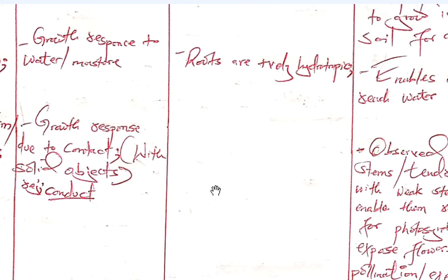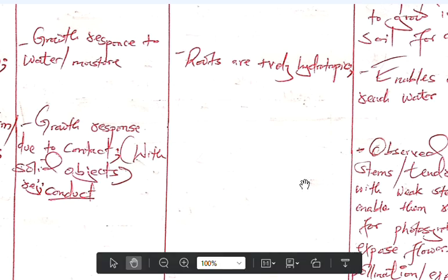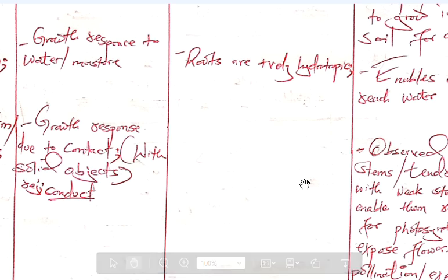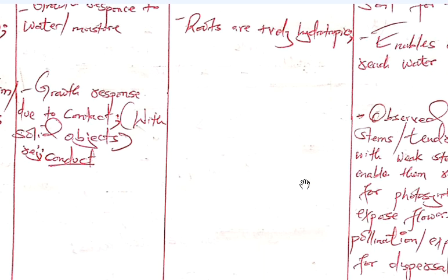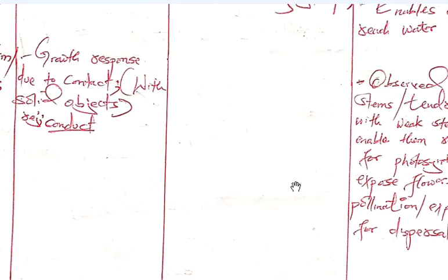Then we have thigmotropism, which is growth response due to contact with solid objects, and it is observed in climbing stems or plants with weak stems, to enable them to reach light for photosynthesis, and also exposes flowers for pollination.